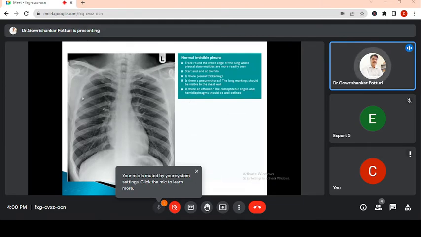Normal pleura is invisible; the black lung should be in touch with the thoracic cavity. Trace round the entire edge of the lung, where pleural abnormalities are more readily seen. Start at the end of the hilum. Is there any pleural thickening? Is there any pneumothorax or any effusion?